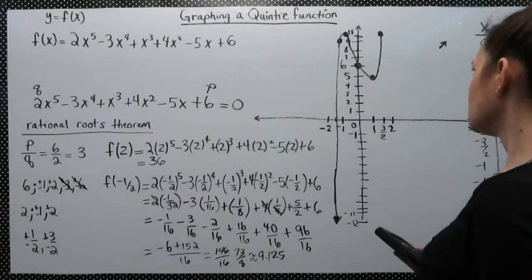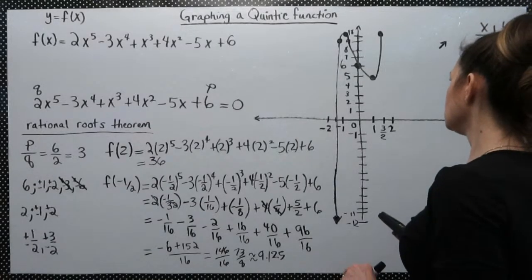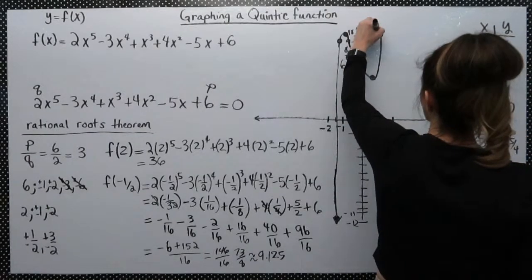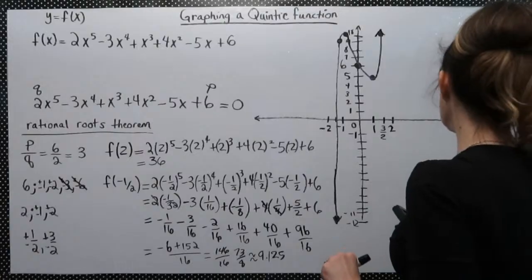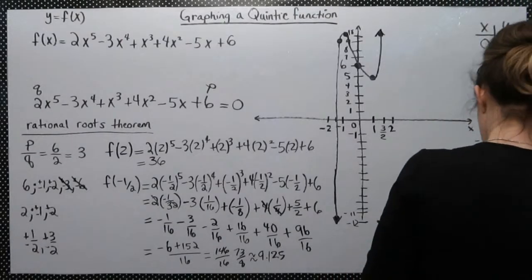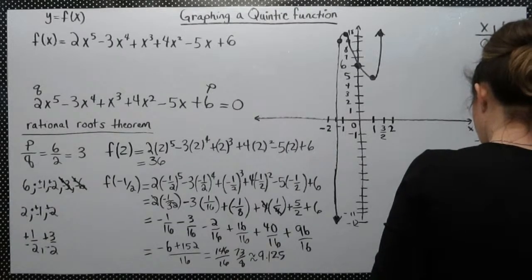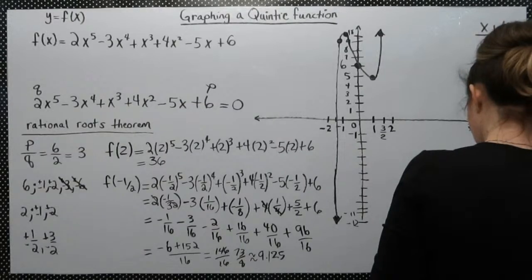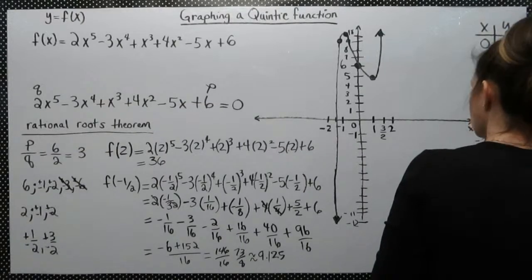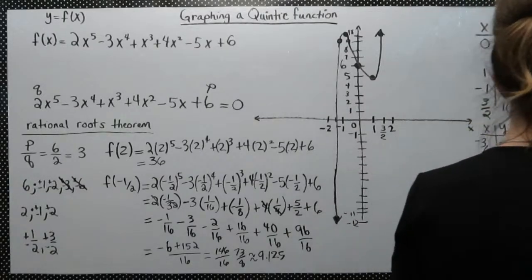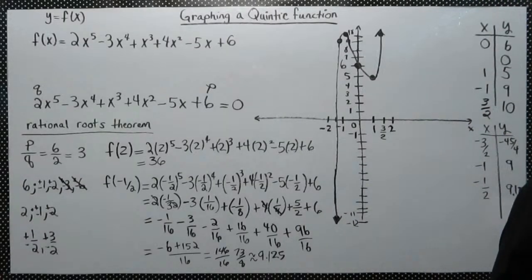Okay, I don't think that this graph has any more intersections. I think that it's just going to shoot up. We can check because 3, we already did 3 also. There it is, yeah, it's 297. All right, so this is pretty much the sketch of this one, this quintic function.